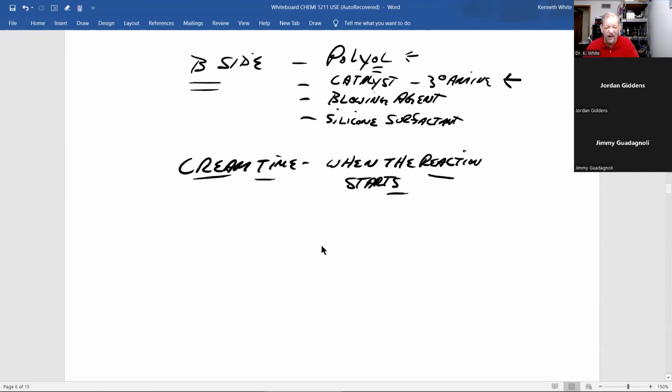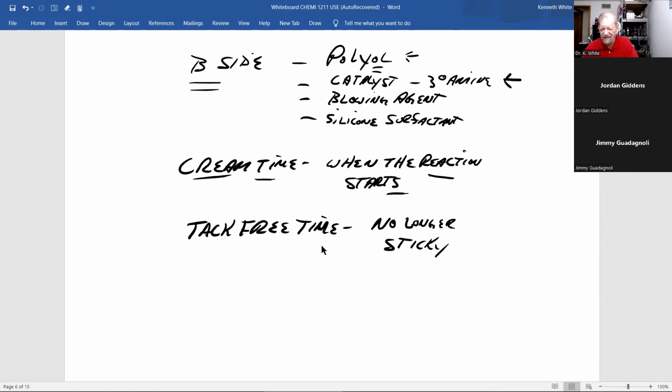Now, there's another important thing that you measure, tack free time. And that's when the foam is no longer sticky or tacky.